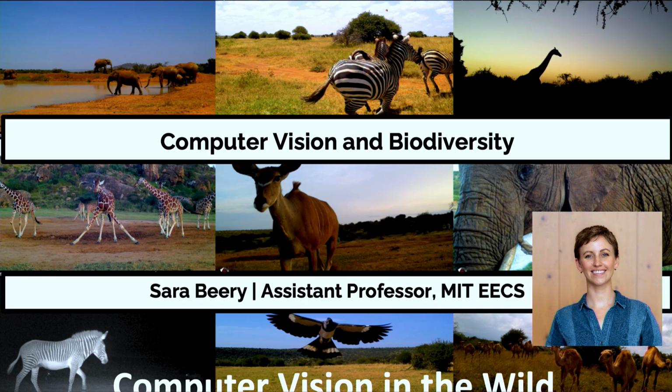But I want to advertise the work of my colleague, Sara Beery, who does computer vision for biodiversity. And I think this work is very exciting for two reasons. First, the applications are incredibly important. The health of the planet and its biodiversity are really at play these days.